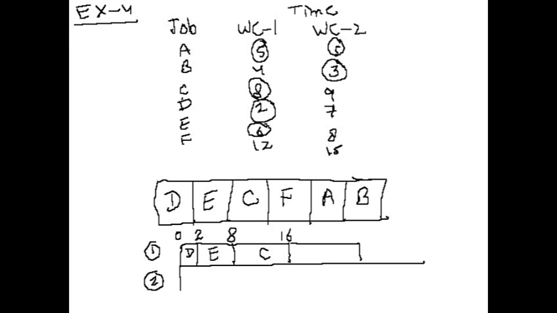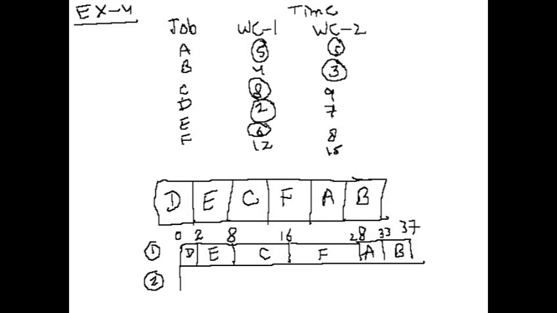And then you have F, which makes it 20. A, that makes it 33. And then we have B, which makes it 37.